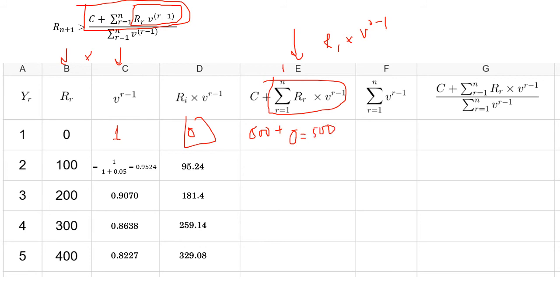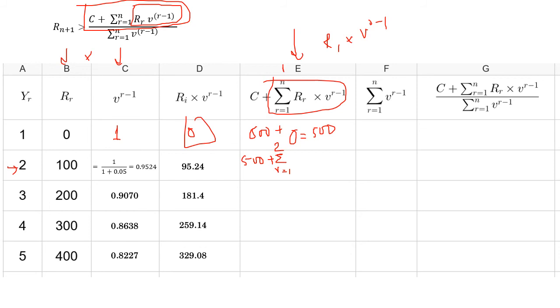Then for r equals 2, this is again C plus 500 plus the summation r equals 1 to 2. We have to sum this product for the first 2 years.